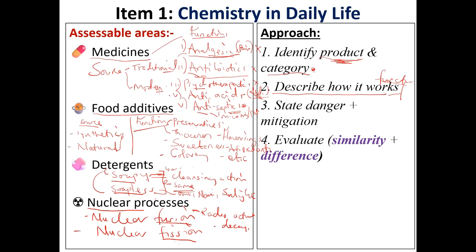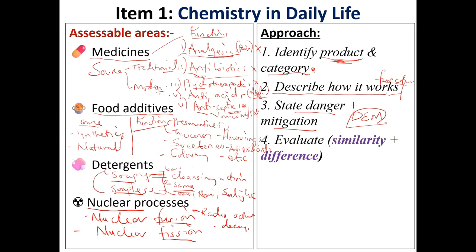That is number two. Then number three, we state the danger and mitigation. We shouldn't end at stating the danger. Give the danger, explain your danger, and then you mitigate it. So we shall be able to see an example of such, where you are identifying the danger, explaining the danger, and then mitigating the danger.